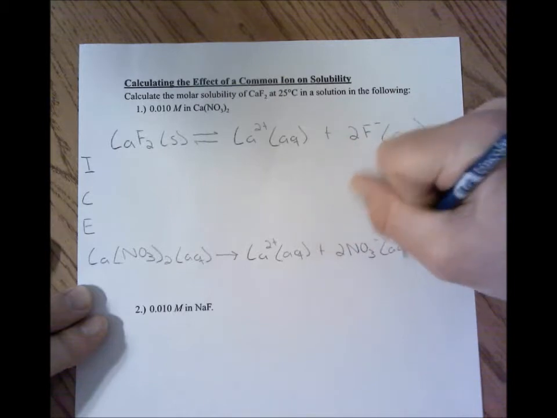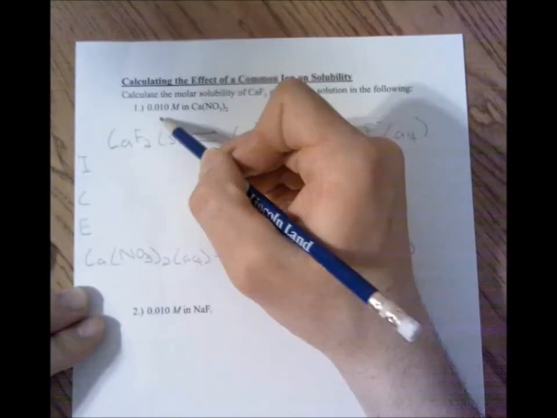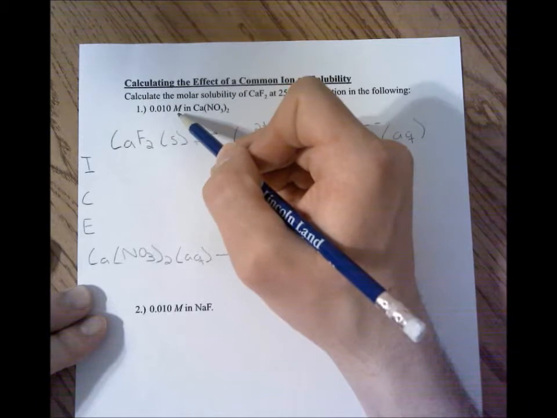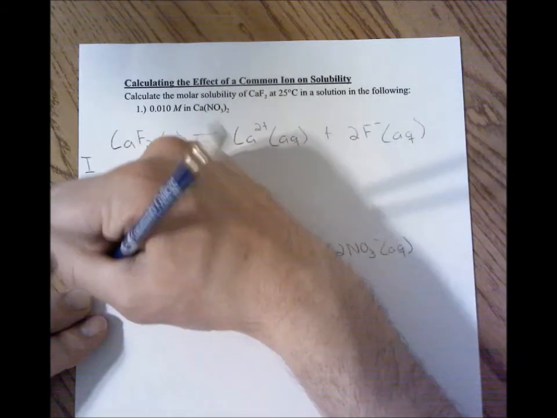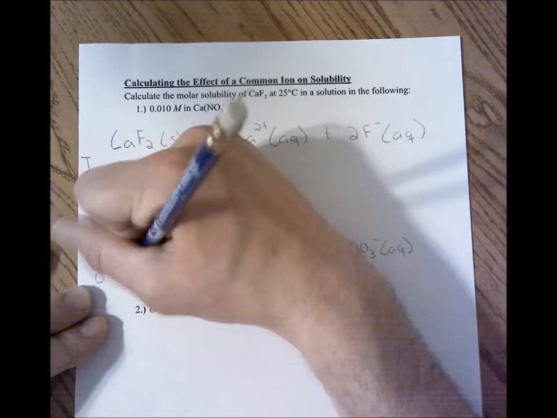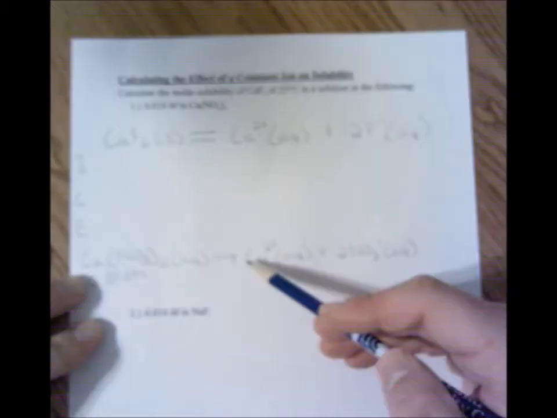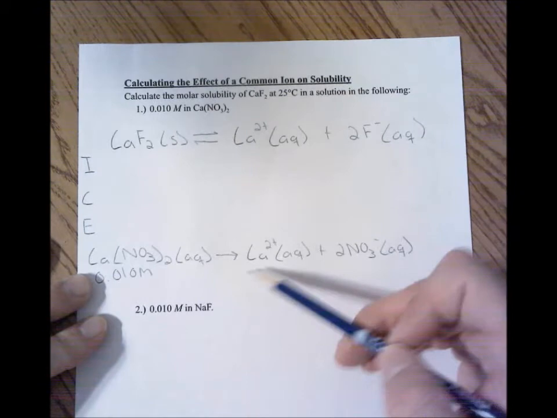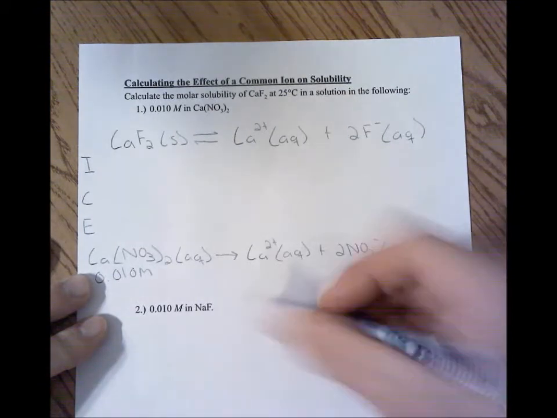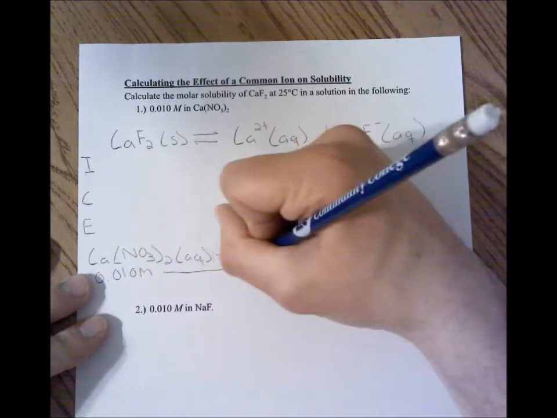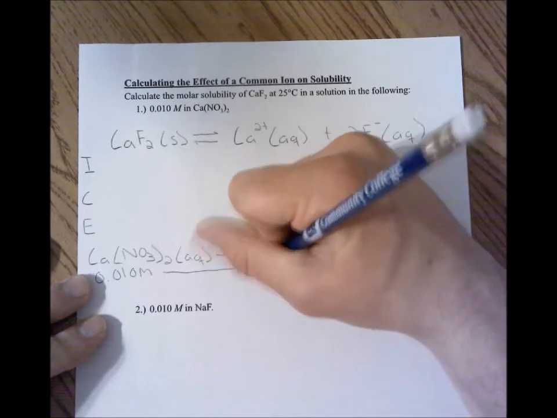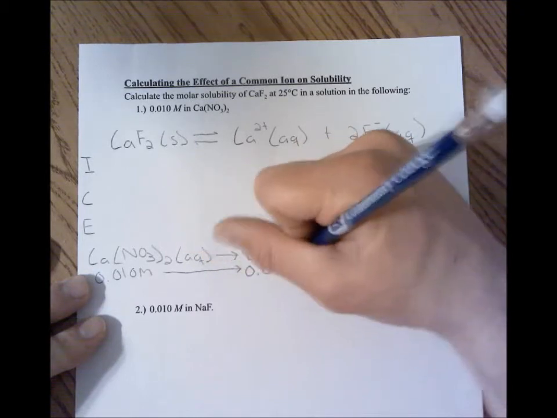Now, we have 0.010 molar calcium nitrate. Because there's a 1-to-1 ratio between calcium nitrate and calcium, this means that there is already an initial concentration of 0.010 molar.